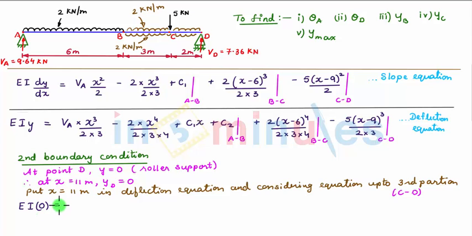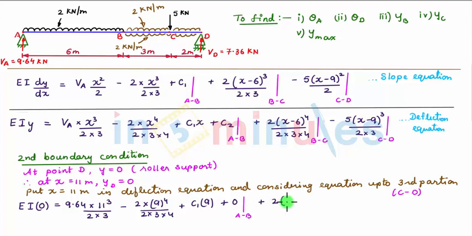we have EI into YD, which is 0, is equal to VA is 9.64 into 11 cube by 2 into 3 minus 2 into 9 to the power 4 upon 2 into 3 into 4 plus C1 into 9 plus C2, which is 0, first partition, plus 2 into 11 minus 6 to the power 4 upon 2 into 3 into 4 minus 5 into 11 minus 9 cube upon 2 into 3, final partition.